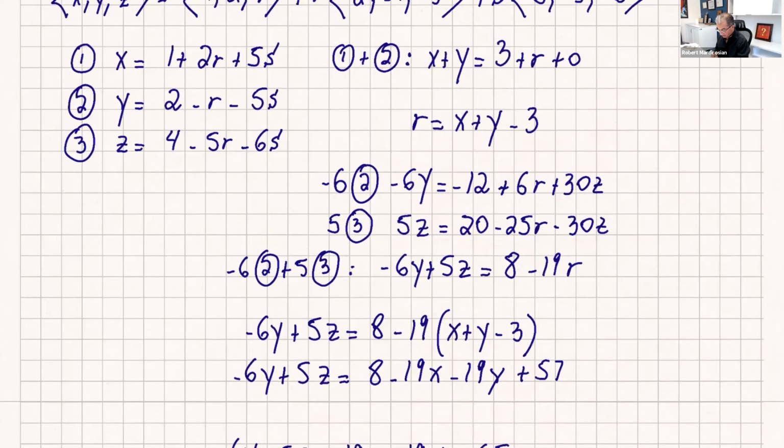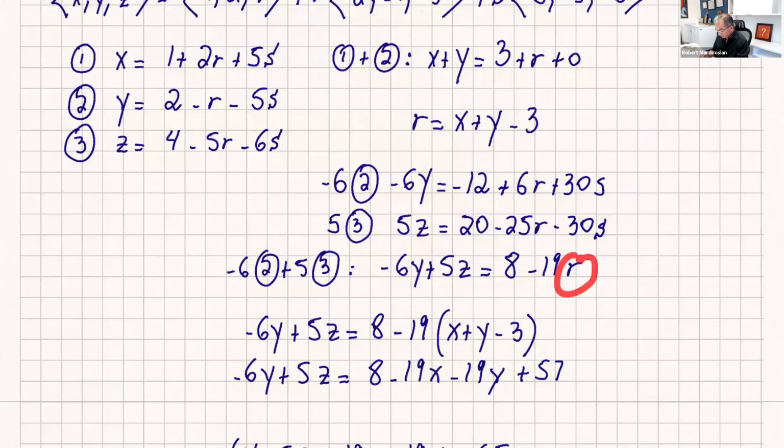Now if you do that, you get -6y plus 5z on the left side. -12 plus 20 is 8. 6r minus 25r is -19r, and of course the s's, these are not z's, these are s's. Let me fix those for you. They cancel, and that's what you're left with.